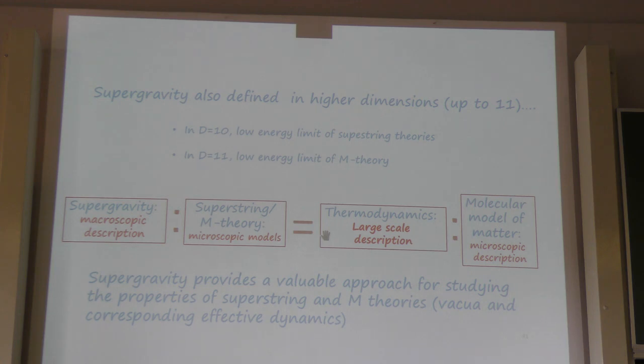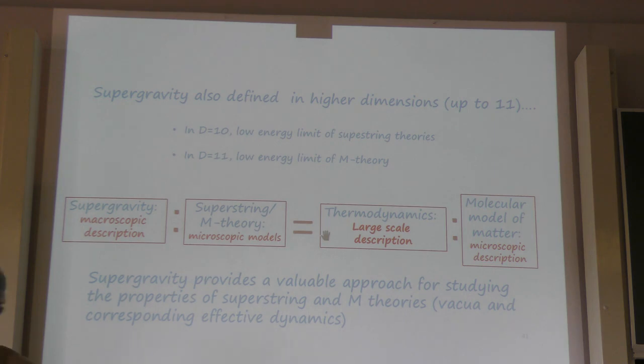So this means that the most general supersymmetry parameter contains 32 independent functions. Now, this 11-dimensional supergravity was constructed in 1978 by Cremmer, Julia and Scherk.